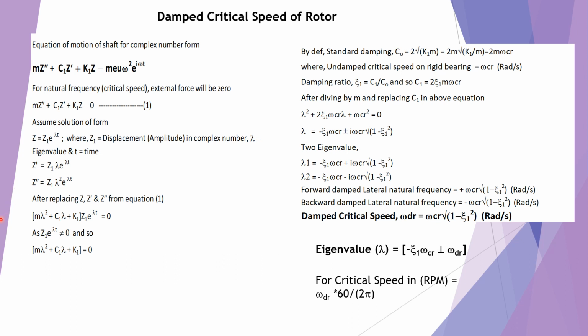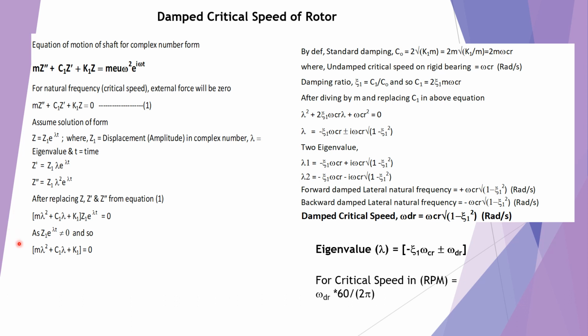After replacing z dot and z double dot in equation number 1, we get bracket start m lambda square plus c1 lambda plus k1 bracket close into z1 e to the power lambda t, which is 0.